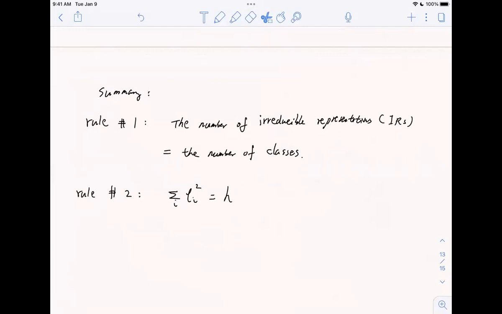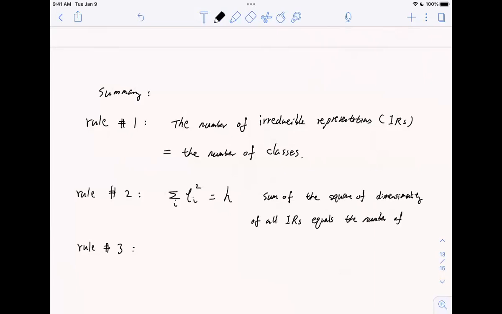And then rule number 3. Basically, this is the sum of the square of the dimensionality of all irreducible representations equals the number of group elements.